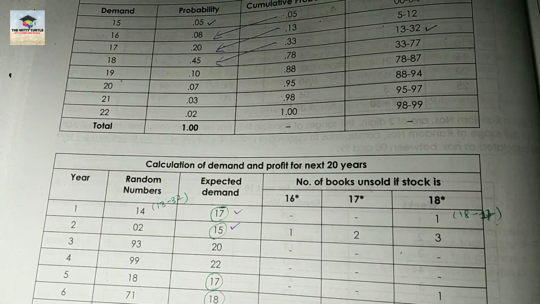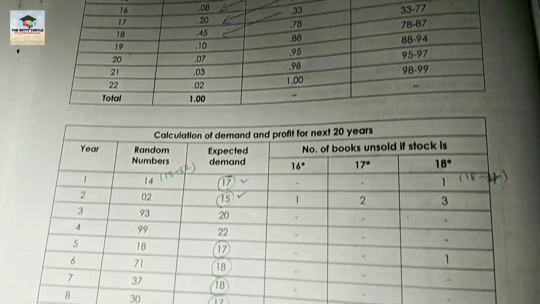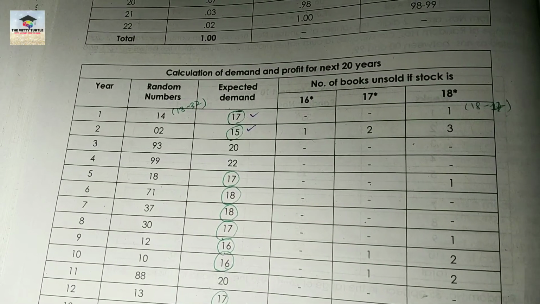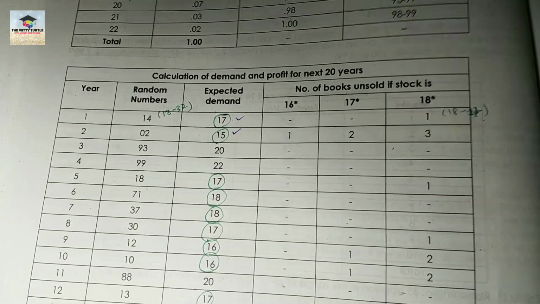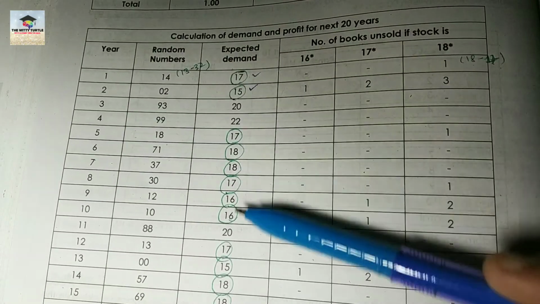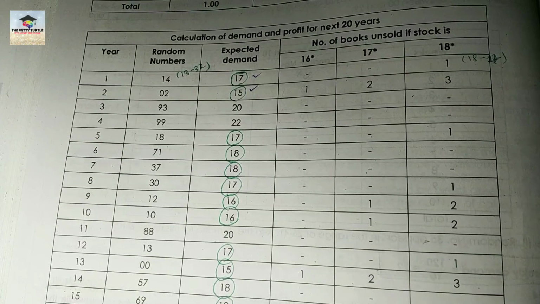Now you must be thinking, these 3 columns are for which purpose? When it comes to the number of books unsold, what is being done here is that all your expected demands fall in this range: 15, 16, 17, 18.